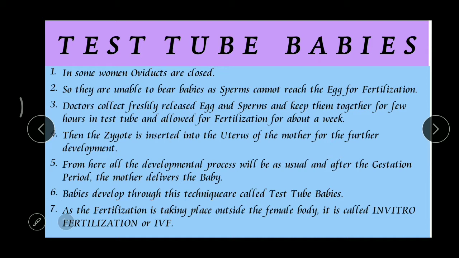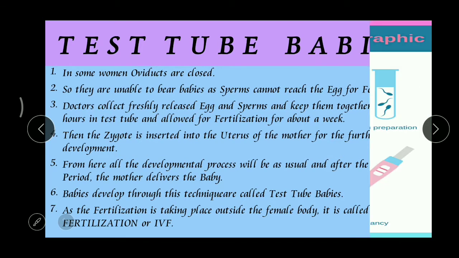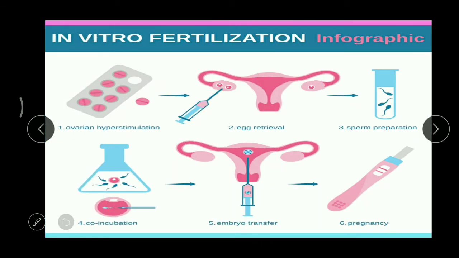Okay, and in some of the mothers, here you just observe this. What is this? It is a female reproductive system, and what do you call these tubes? These tubes are called fallopian tubules or oviducts. So in some females, these fallopian tubules are completely blocked.